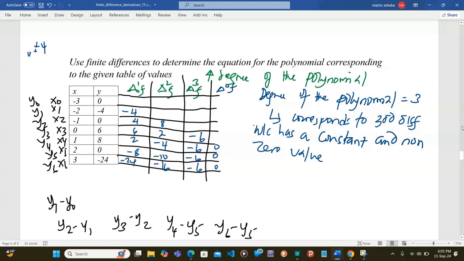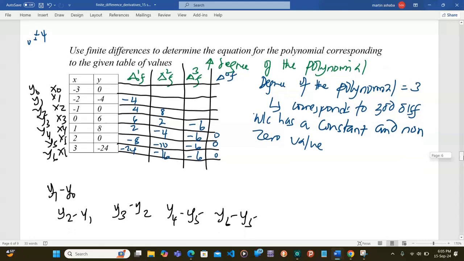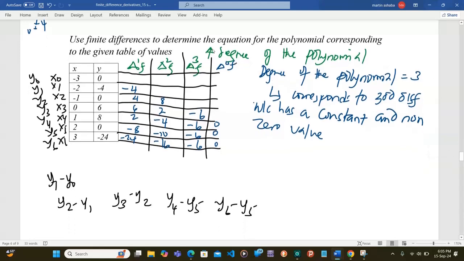Now the task is to look for the equation of that function.